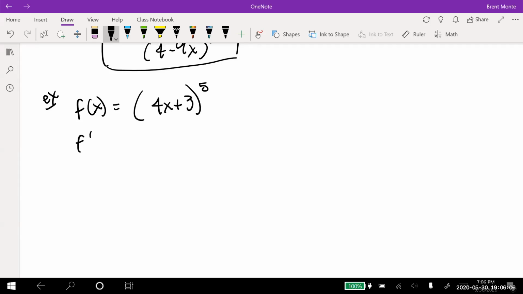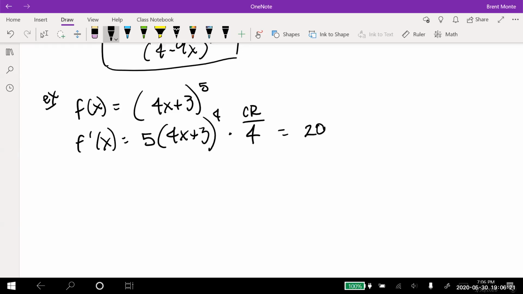The derivative of that, I bring down the 5, leave the 4x plus 3 to the 4th power, but then times 4 from the chain rule, that's the derivative of the inside. So it's the 4 times 5 is 20, and then 4x plus 3 to the 4th.